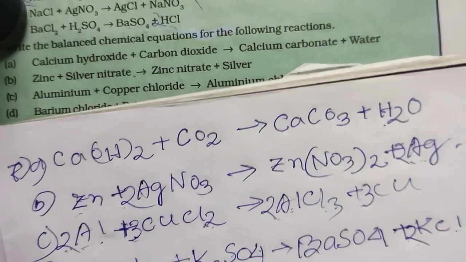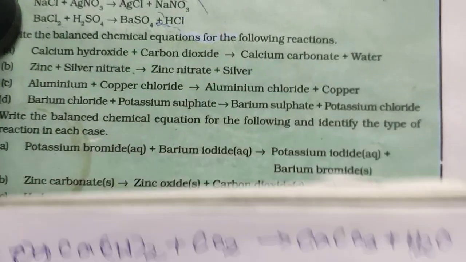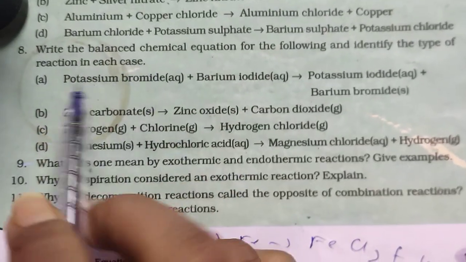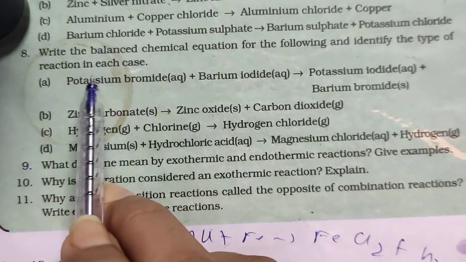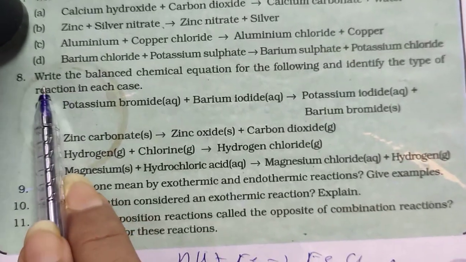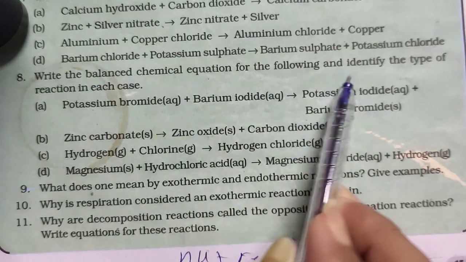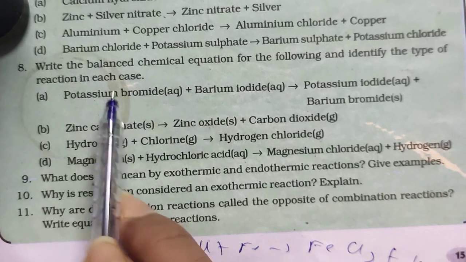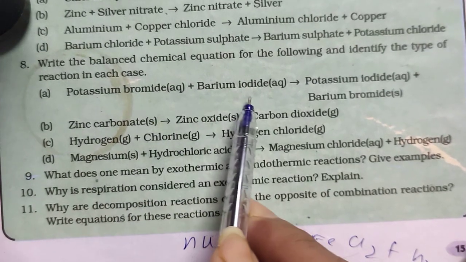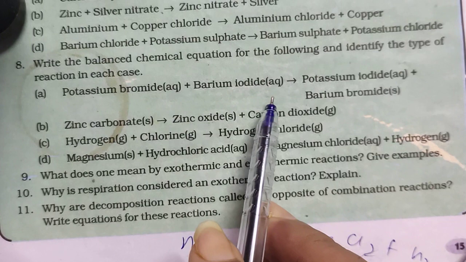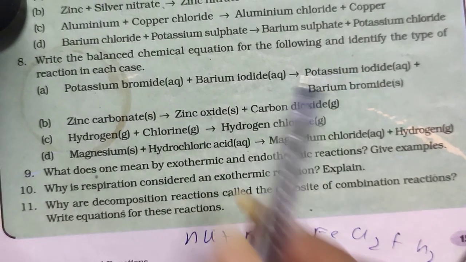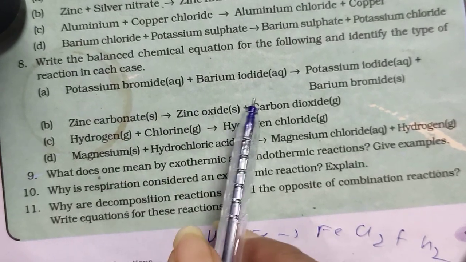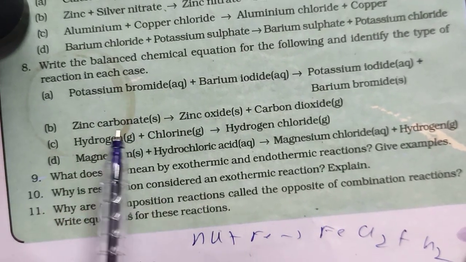Next, see the next question, question number 8. Okay, first read the question. Write the balanced chemical equation for the following and identify the type of reaction in each case. So you are asked to balance the chemical equation. Again, it is written as a word equation, and you are asked to balance it by putting the symbols for each of the chemical compounds, and also to write the type of reaction in each case.